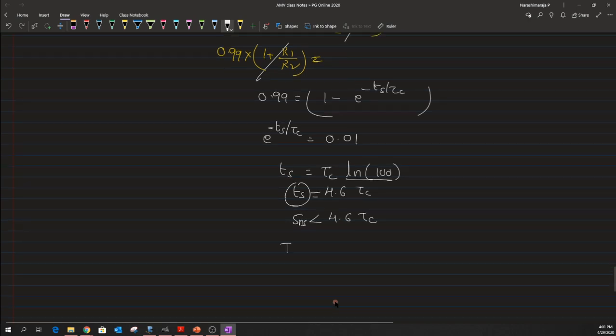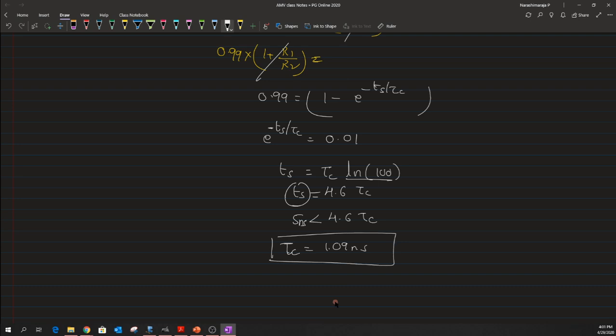From here one could write the value of tau c in terms of time: it is just a simple division of 5 nanosecond divided by 4.6 that will give us the value of tau c, or the closed loop time constant.